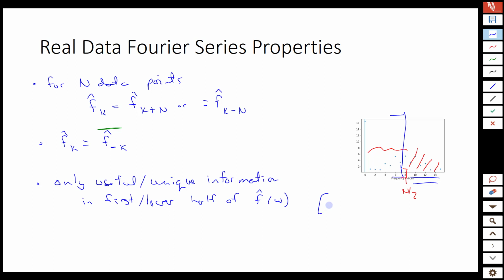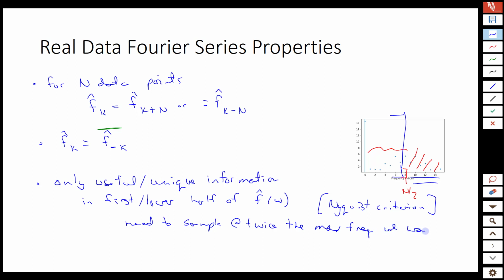And you might hear references to something called the Nyquist criterion. That's actually a little richer than what we're talking about here, but it has the same flavor. And it basically says that we need to sample at twice the max frequency we want to analyze, or we want to capture.